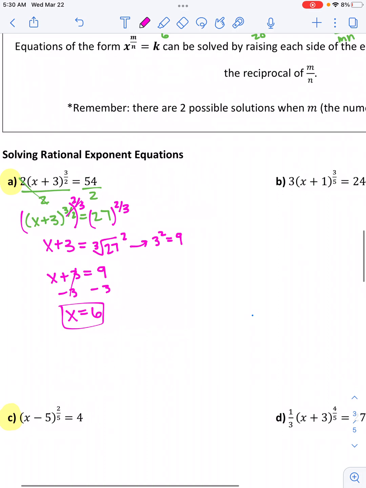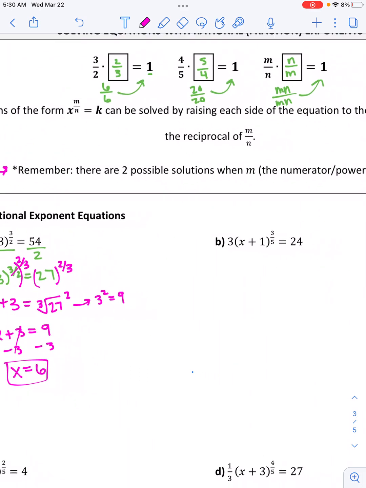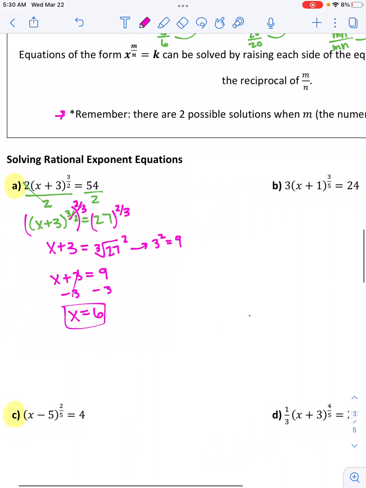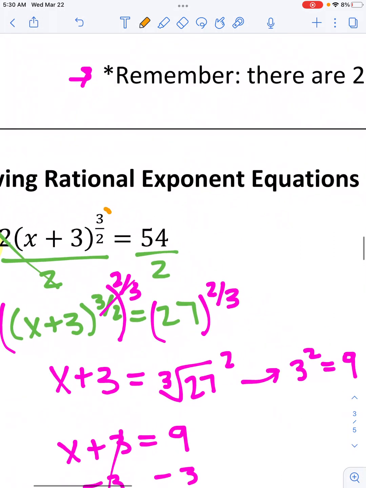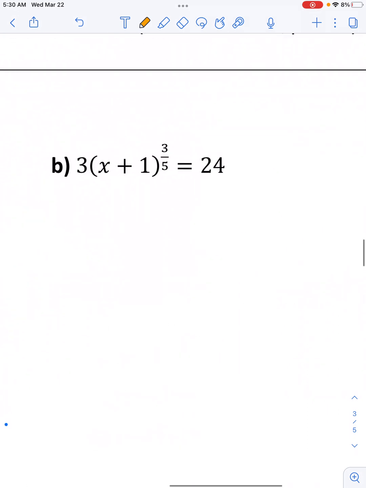For C, we want to pay attention to what the numerator is. So when the numerator of that fraction exponent is an even number, remember there are 2 real solutions. So like here, this had an exponent of 3, so there's only 1 real solution. Here there'll be only 1 real solution.